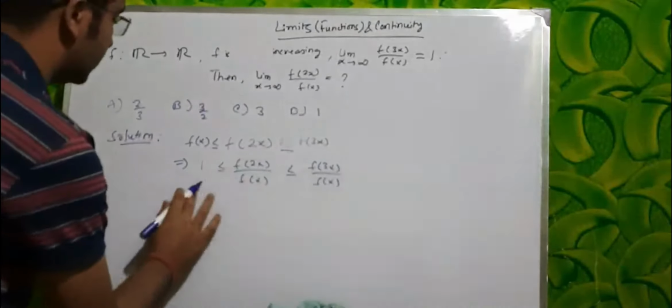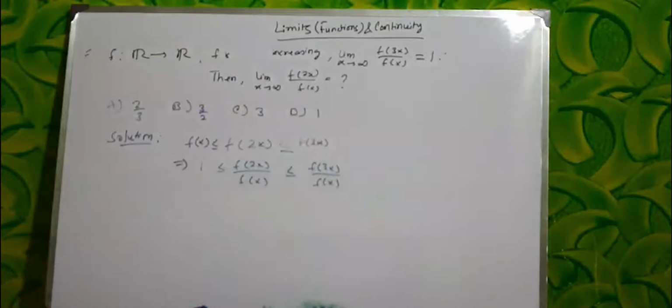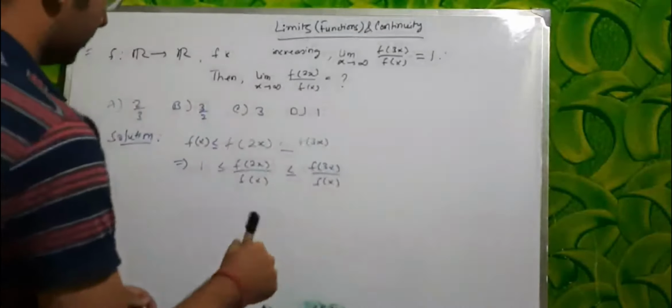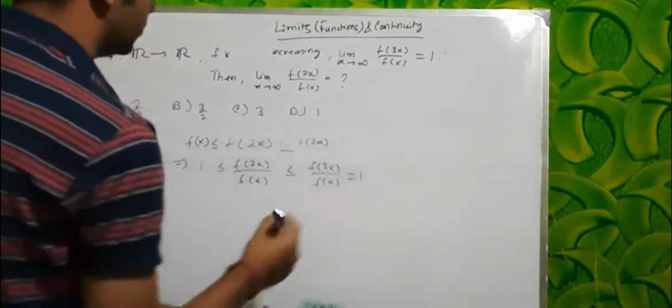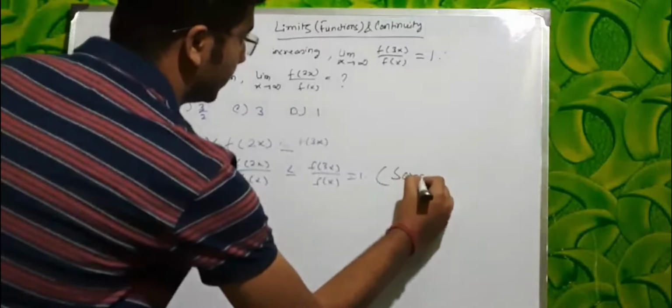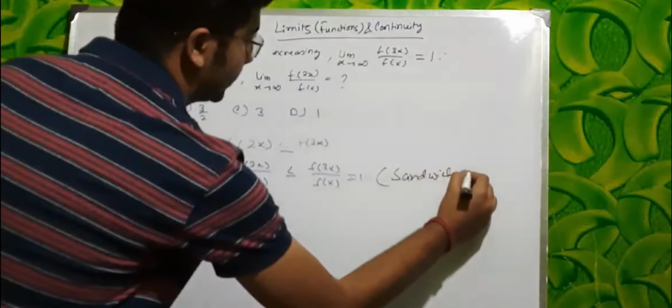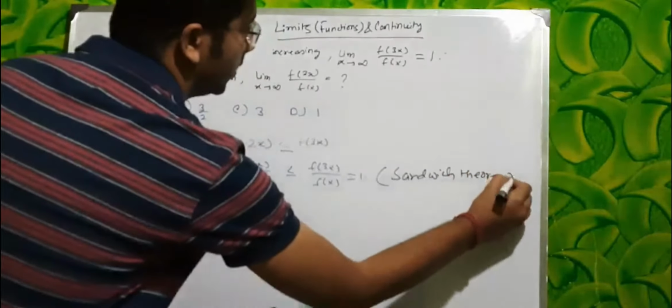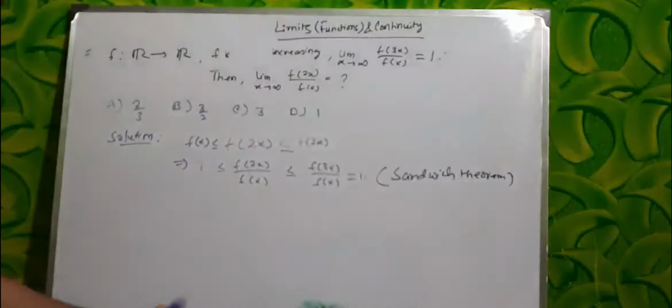And so now we can apply, this is equal to 1. So now we can apply the sandwich theorem. You already know this. If you don't, please check out the previous video.